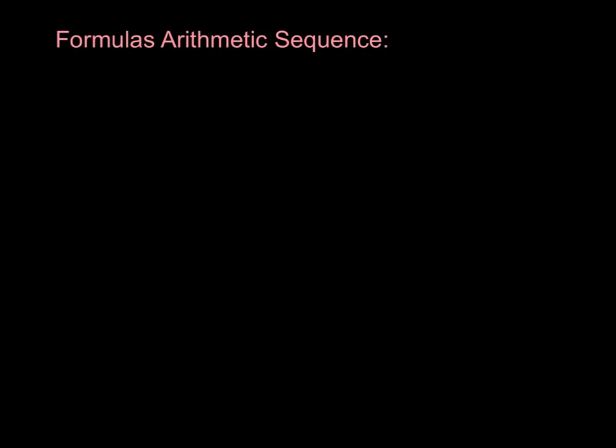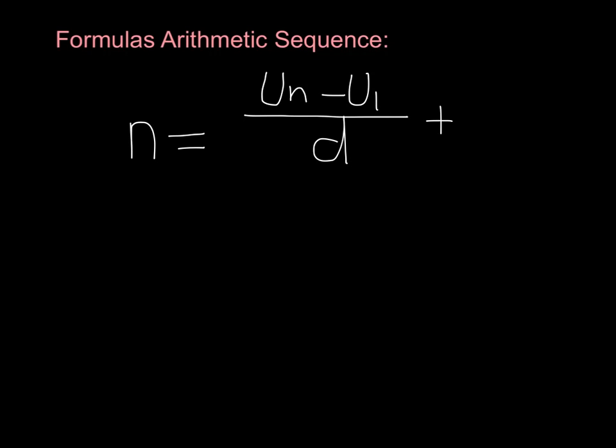So when you are given u1, you are given another value in the sequence, and you're given d, but you don't know the position of this value. So this will be n equals un minus u1, divided over d, plus 1.